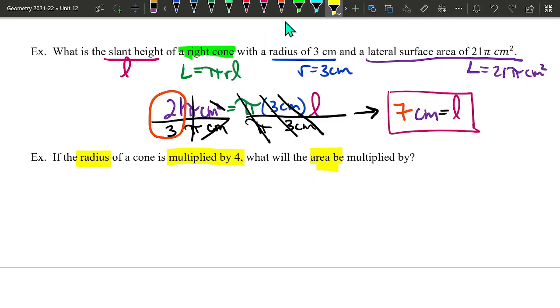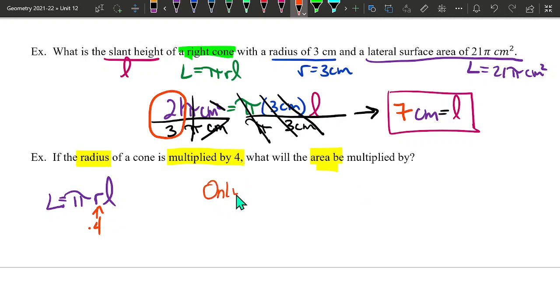So we'll just pretend that this is, again, L. So if I had L equals pi r L, and I'm going to multiply the radius times 4, how is that going to affect the L, the area? Well, the answer is it will also be multiplied by 4.